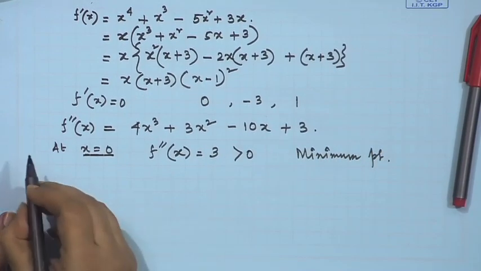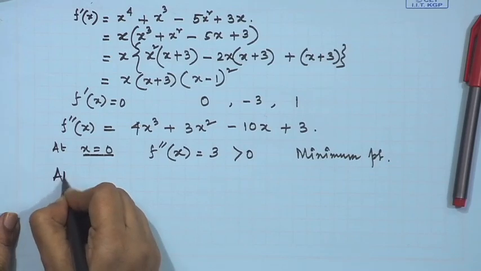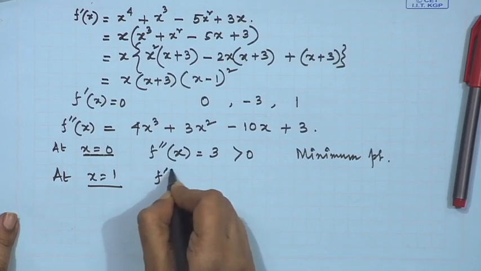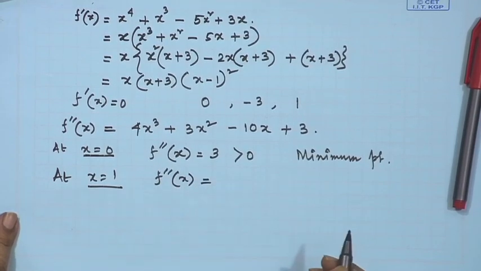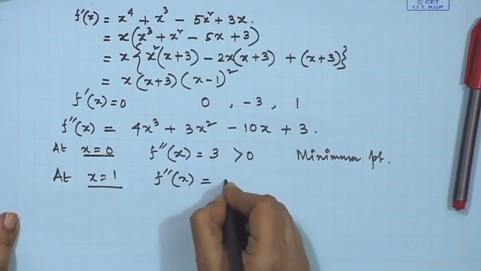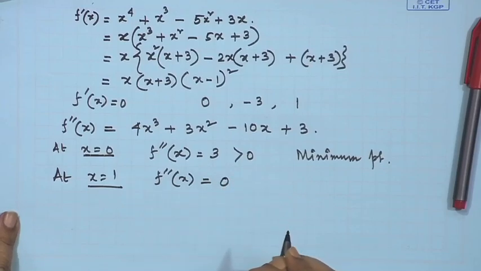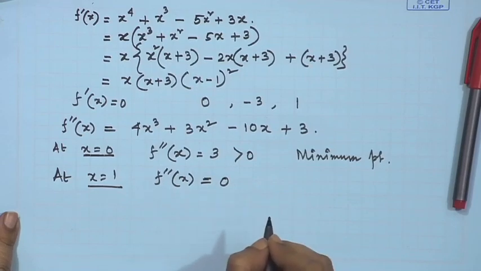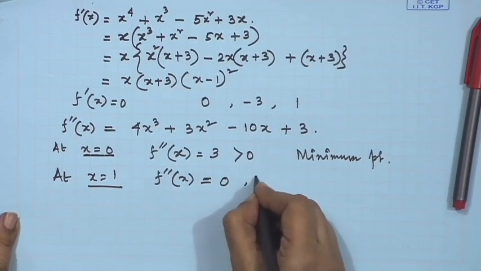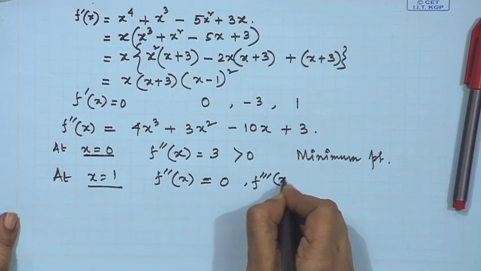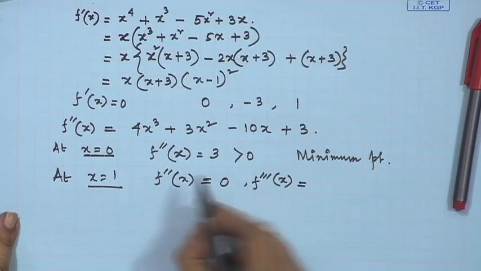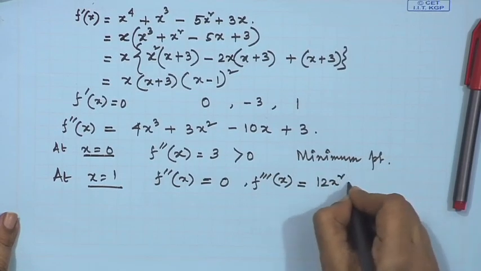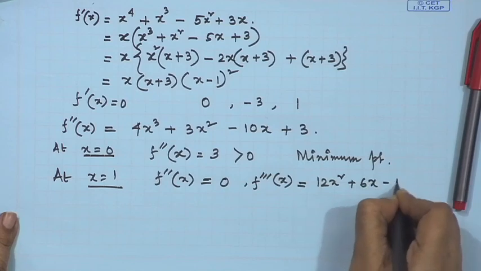Alright. Now, let us go to the next. Let me consider x equal to 1 first. Then f prime x must be equal to 0. If we consider f double prime x equal to 0, our sufficient condition suggests that we go for the third order derivative. Now, the third order derivative is coming as 12x square plus 6x minus 10.